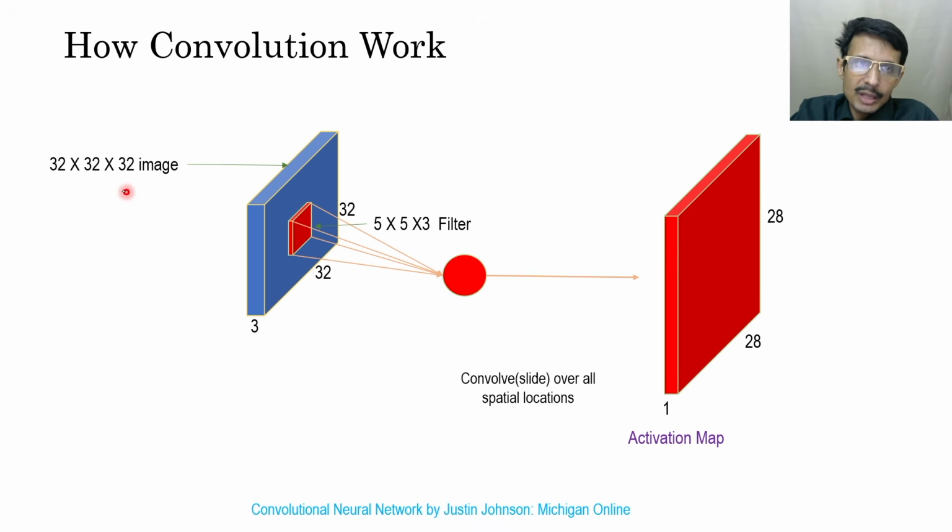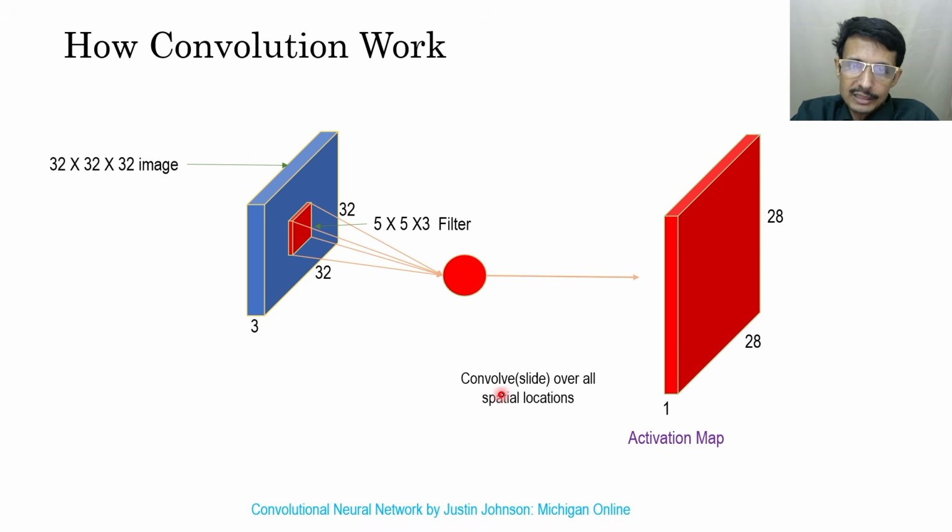Now you can see what happened in the image. The image is 2-dimensional with 3 channels, so we use a 5 cross 5 into 3 filter. You can see the filter is not 2-dimensional, it is 3-dimensional, so this is also taken care of.